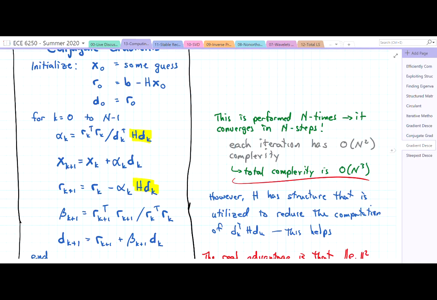It's also discussed more in the adaptive filtering class. To give you an idea, it depends a lot on the maximum eigenvalue to minimum eigenvalue ratio of H, and it works much better when the max and the min eigenvalue are very close to each other.